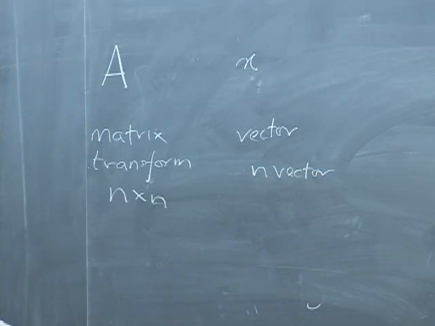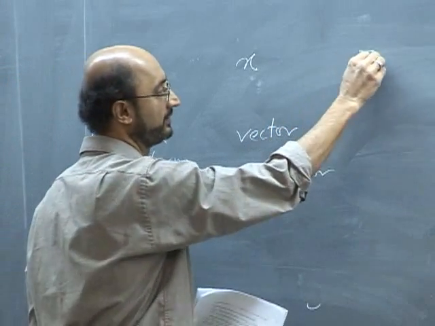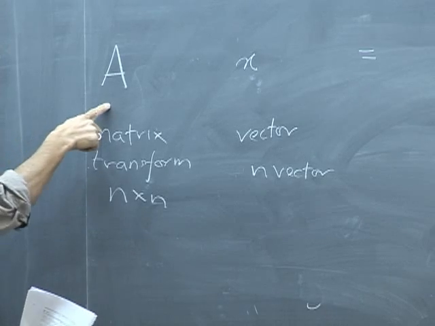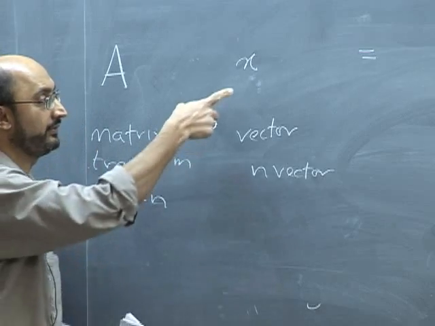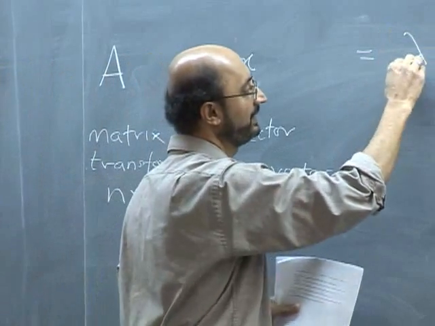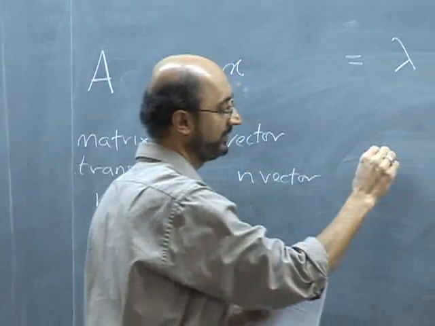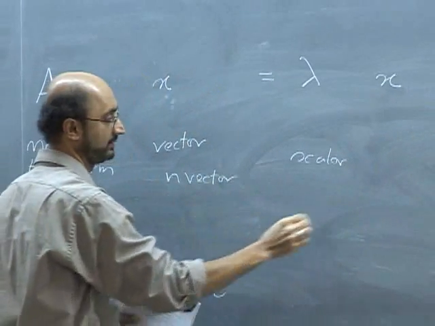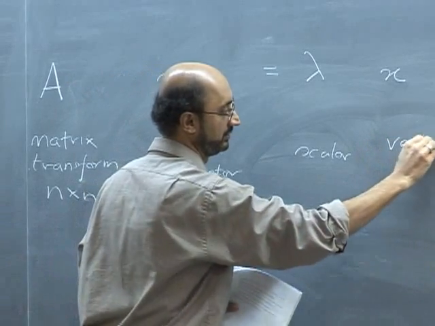And what we're saying is that the product of the matrix on the vector, or the transformation of this x, is equal to a scalar multiple lambda x. Lambda is a scalar. And this one is the same vector again. It's an n vector.